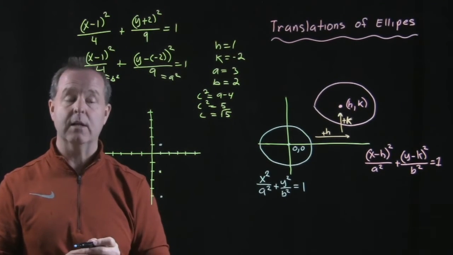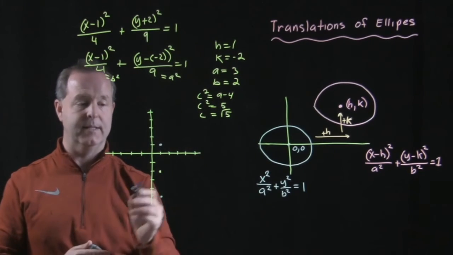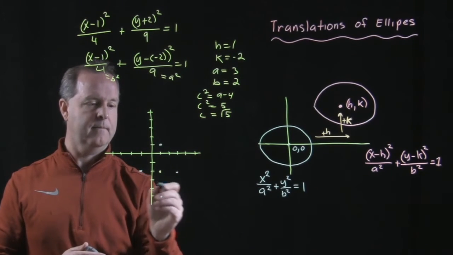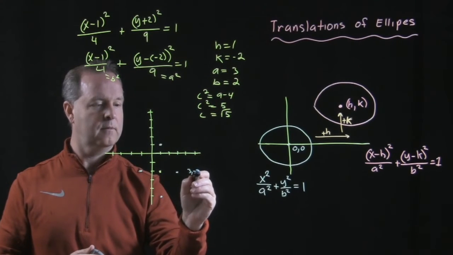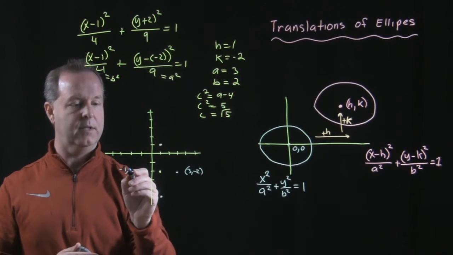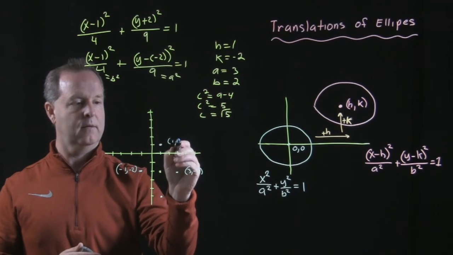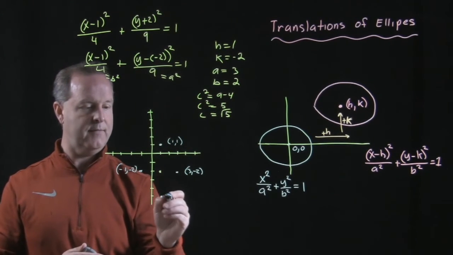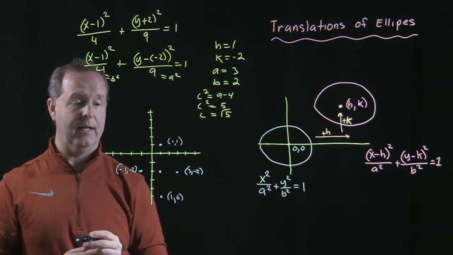So there are my two vertices along the major axis. My minor axis endpoints are 2 points away from the center. So this point would be over 3 and down 2. This point would be over negative 1 and down 2. This one's up at (1, 1). And this one's down at (1, -5). So there are all the vertices of this particular ellipse.